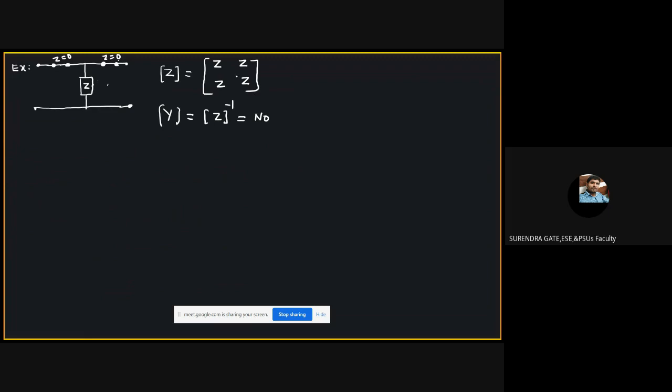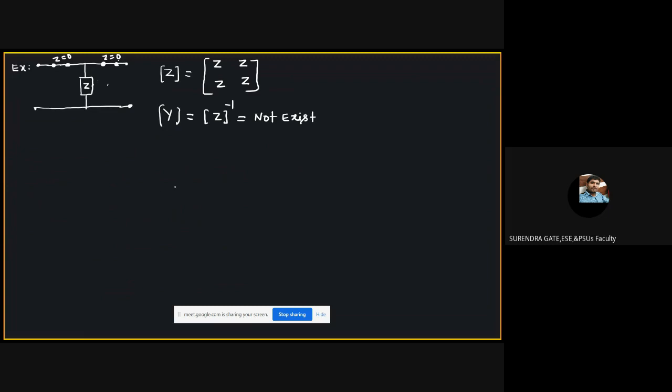What is the determinant here? The determinant becomes 0, and 1 by determinant is infinity, so it does not exist. That means for this network, which parameters do not exist? For this one, the Y parameters do not exist.